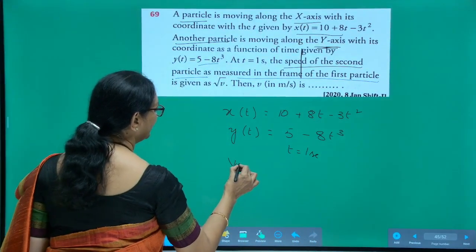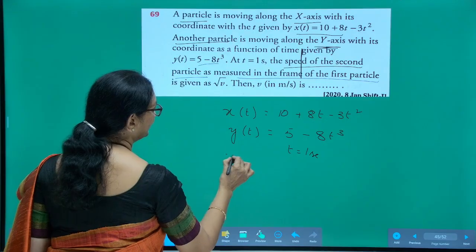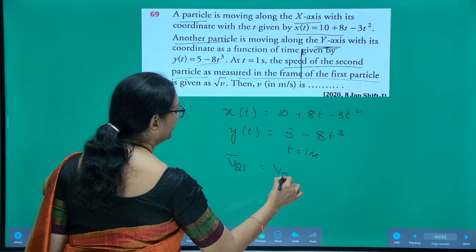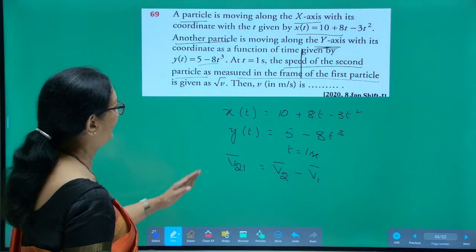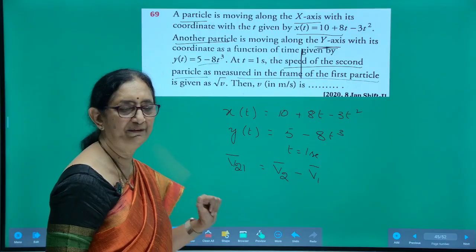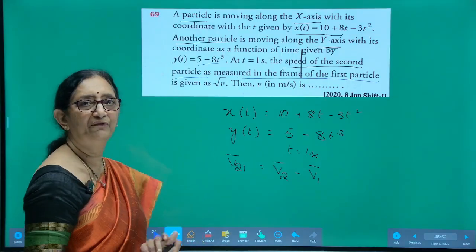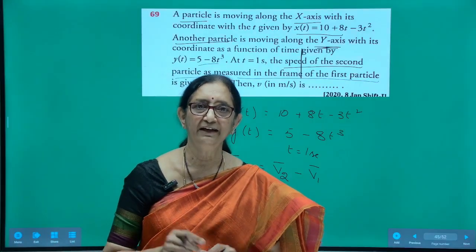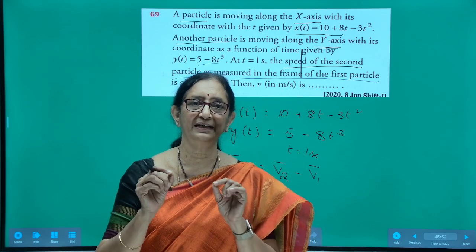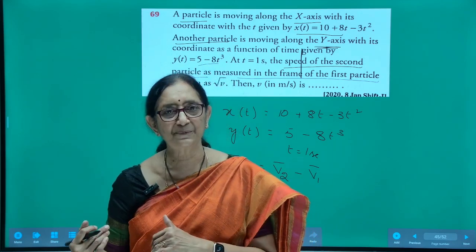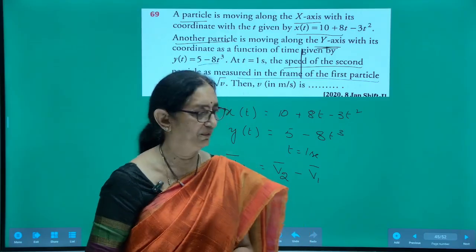So relative velocity of the second with respect to the first is v2 bar minus v1 bar, and its magnitude is to be found. So how do we find velocity from position? By differentiating the position with respect to time, you will be getting velocity.